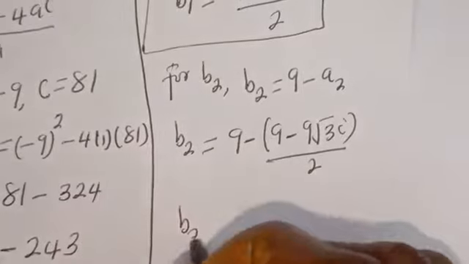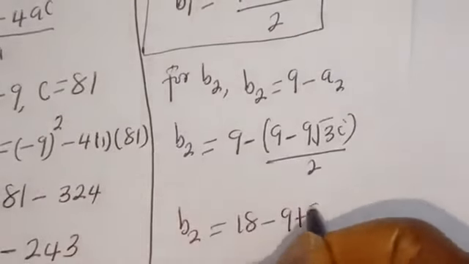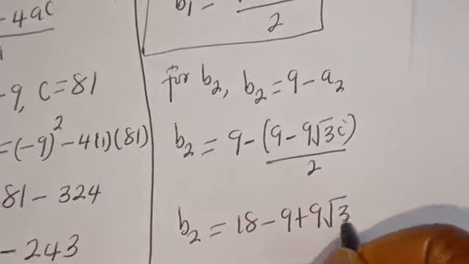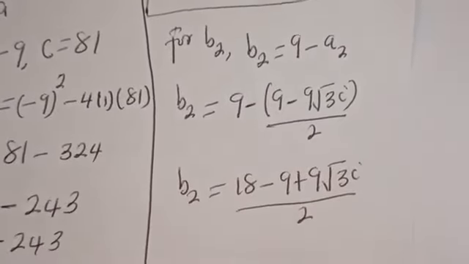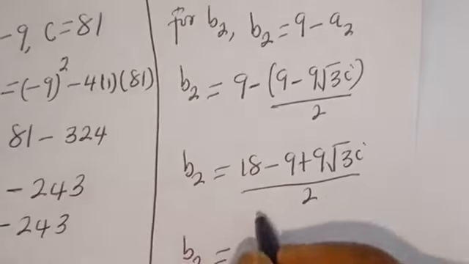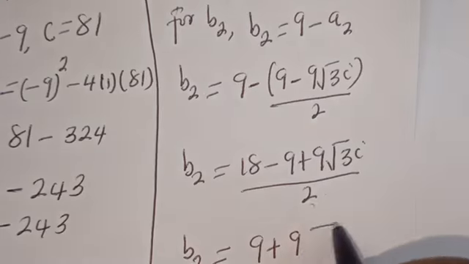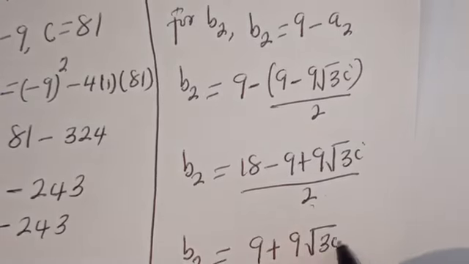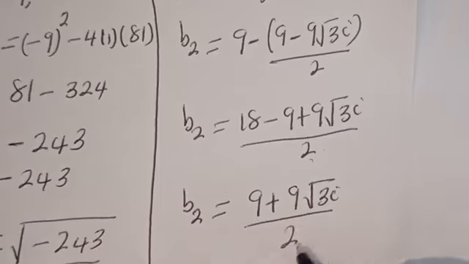Then b2 is equal to 18 minus 9 plus 9 root 3i divided by 2. Then b2 is equal to 18 minus 9. This is 9 plus 9 root 3i divided by 2.